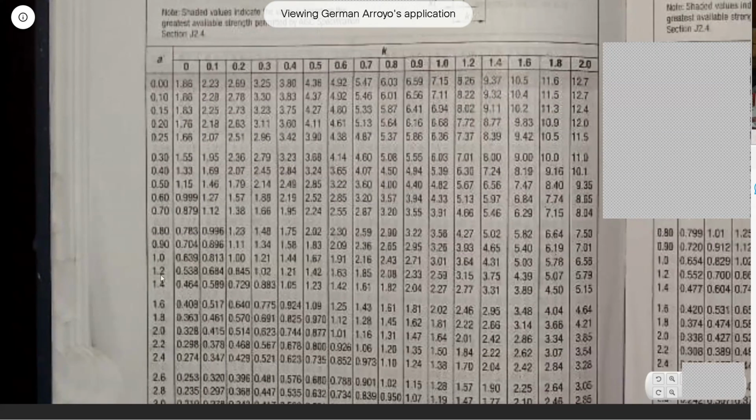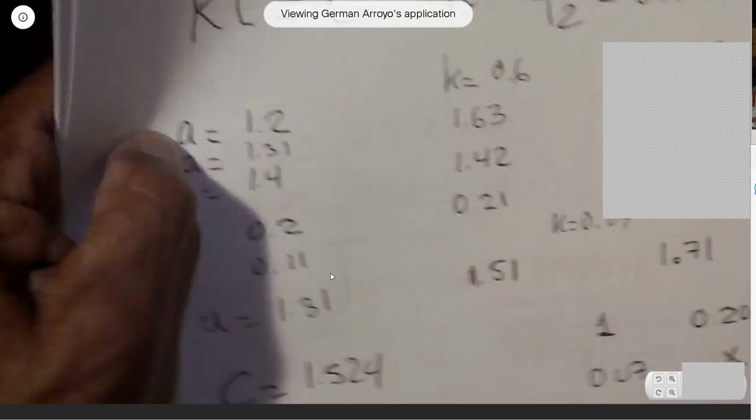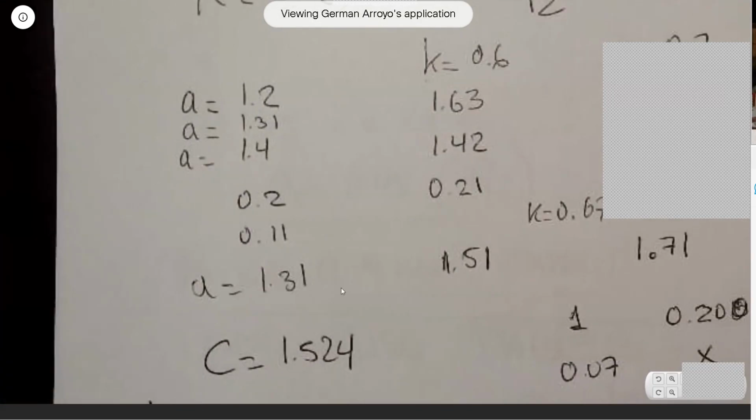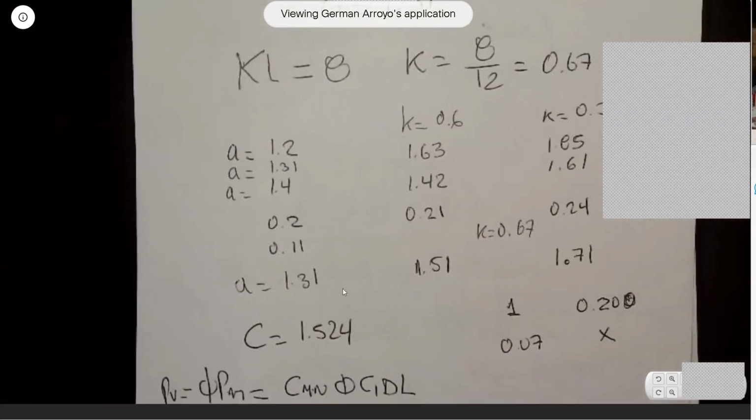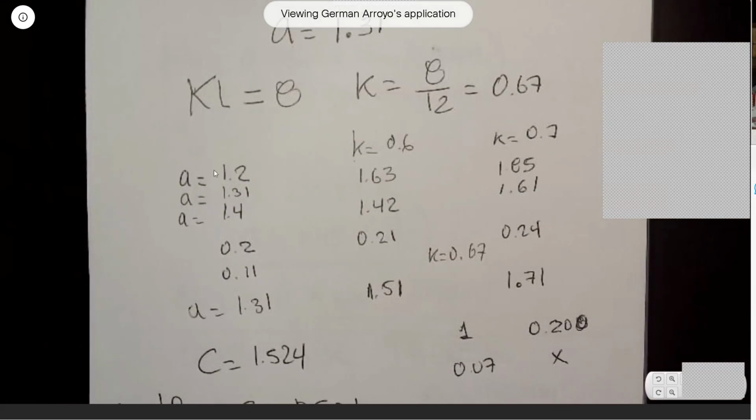And the value of K is 0.67, where we have 0.6 and 0.7. So if you look at A equal to 1.2 and you move to the right and you go to 0.6, you find 2.63. You go to 0.7, 1.85. So all that I had done in here, you can see, I had gone to the table.